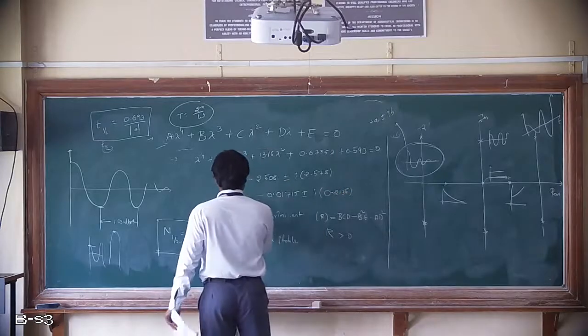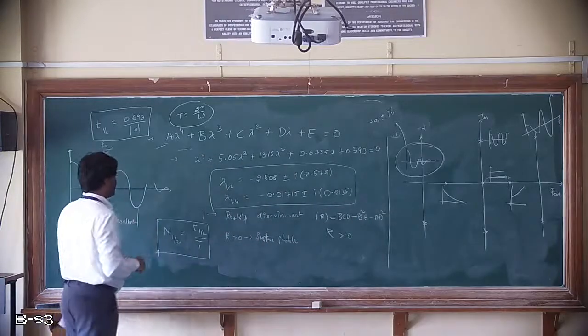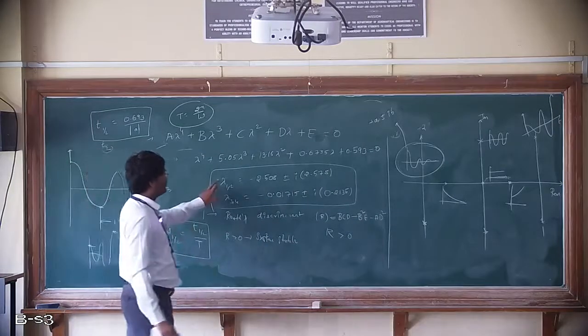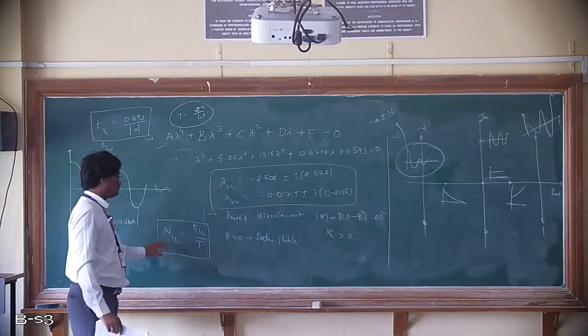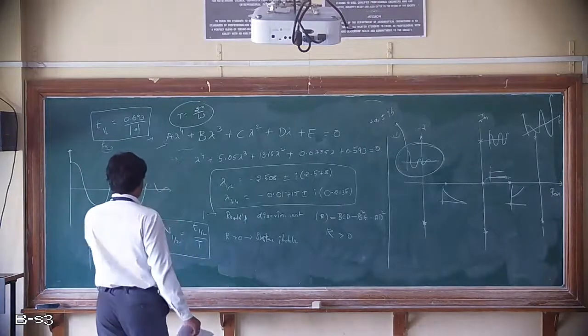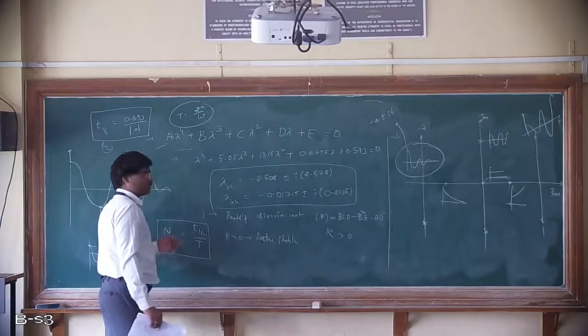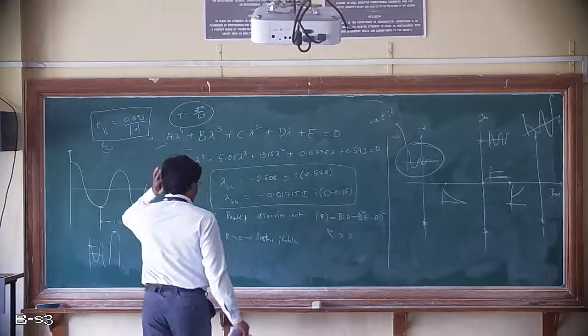These are the roots. This is the characteristic equation. Just find the time constant and the number of oscillations required, that is, how many oscillations it will take to have the amplitude of the system reduced. So that is my question.